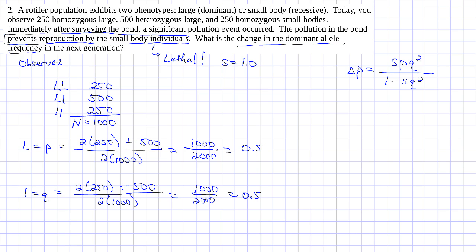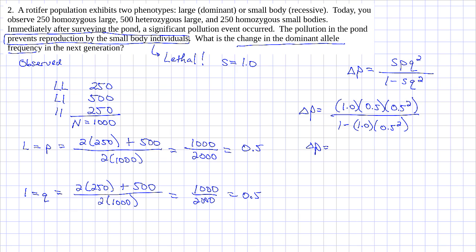We now know S, we know P, and we know Q, so calculating our change in allele frequency is as simple as plugging and chugging. S is 1.0 times our P, which is 0.5, times our Q squared, which is 0.5 squared, divided by 1 minus S, or 1.0 times 0.5 squared.